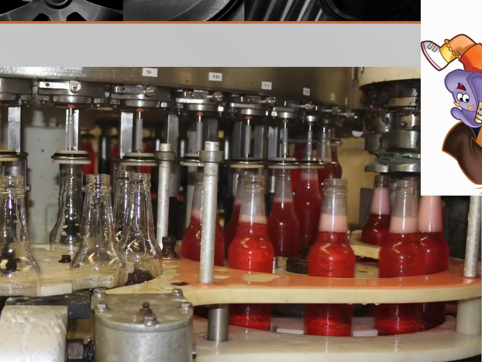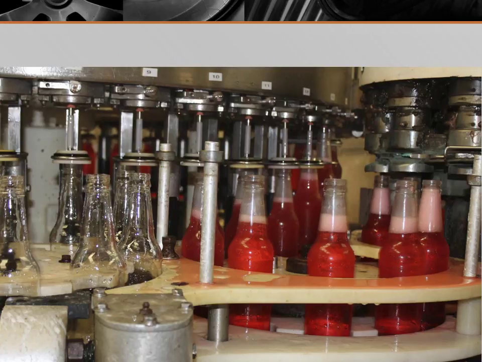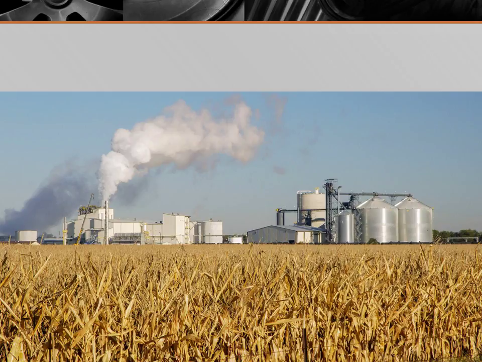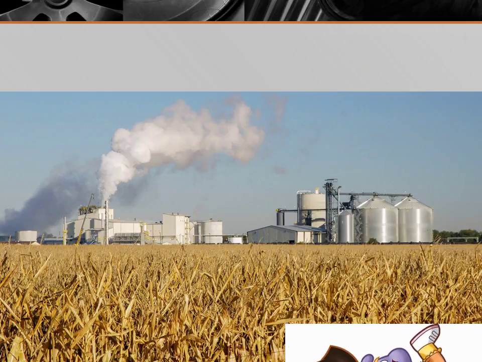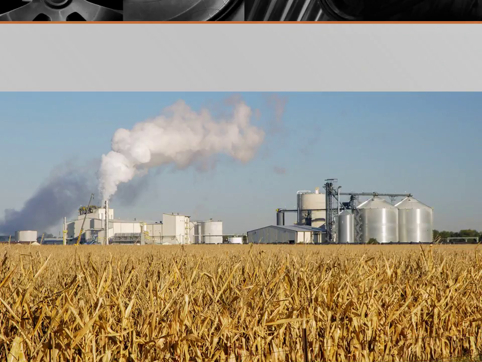And is it closer to market or closer to the raw materials? Next one, ethanol plants. Ethanol is a form of fuel that uses corn. Is this going to be bulk gaining or bulk reducing? And is it going to locate closer to market or closer to the raw materials?